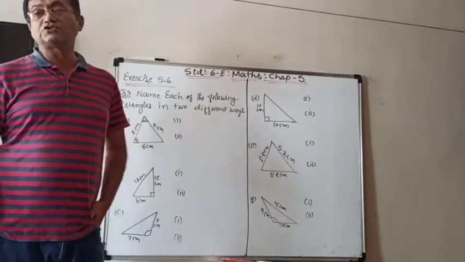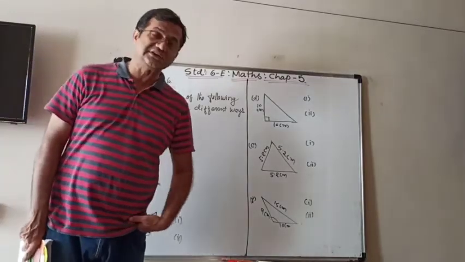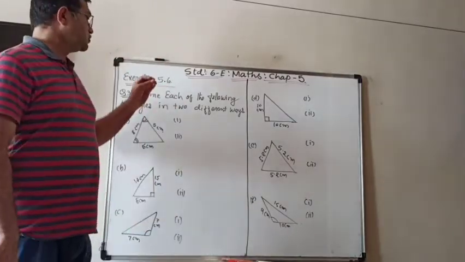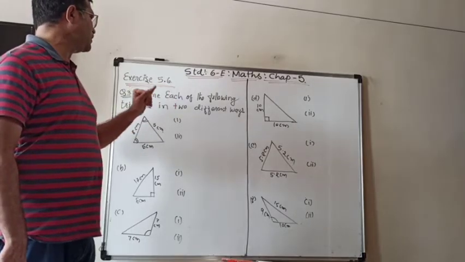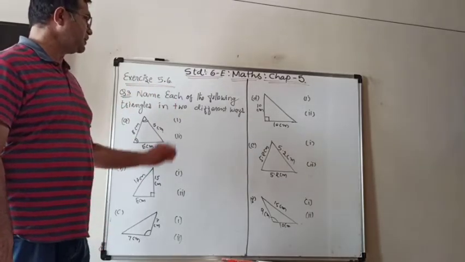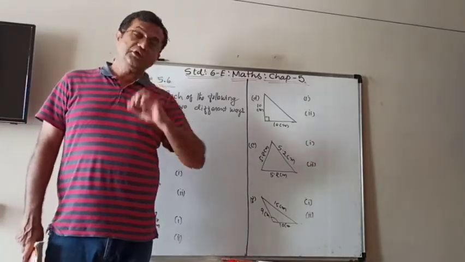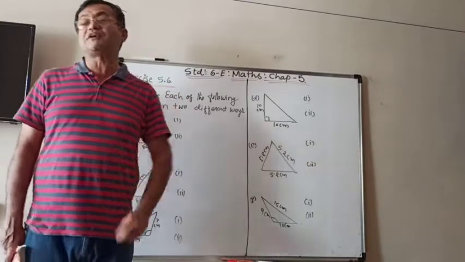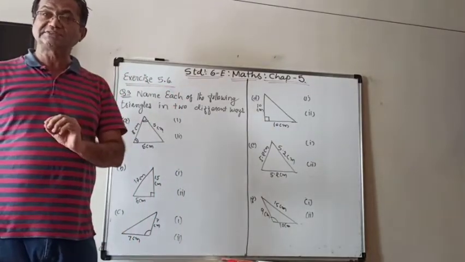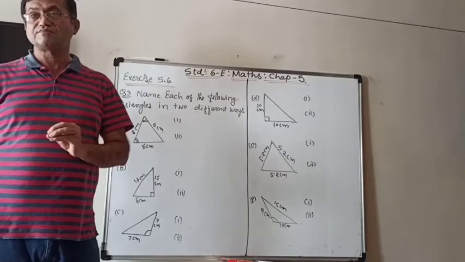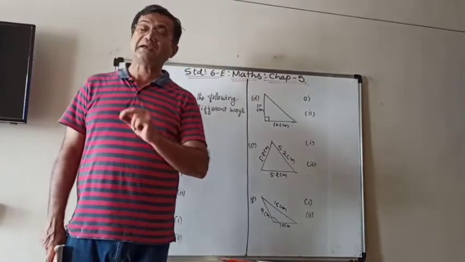Now we are going to do question number 3. Question number 3 says, name each of the following triangles in 2 different ways. You know which are the 2 different ways? One according to the sides, and the other name according to the angles.